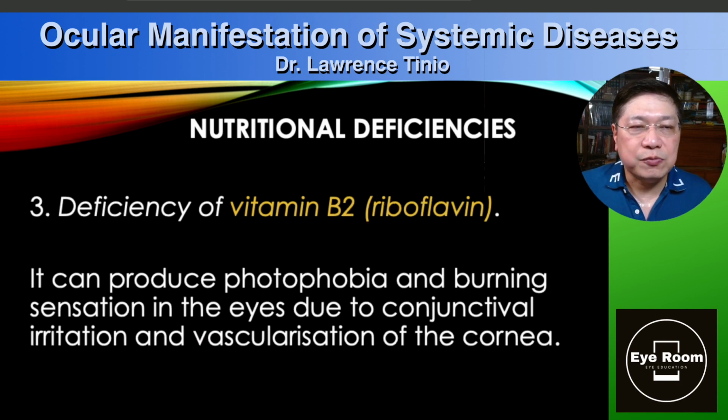If you have a problem with vitamin B2, also known as riboflavin, it can produce photophobia and burning sensation in the eyes, basically because your conjunctiva is irritated and your cornea is very much irritated and has already started to grow abnormal blood vessels.